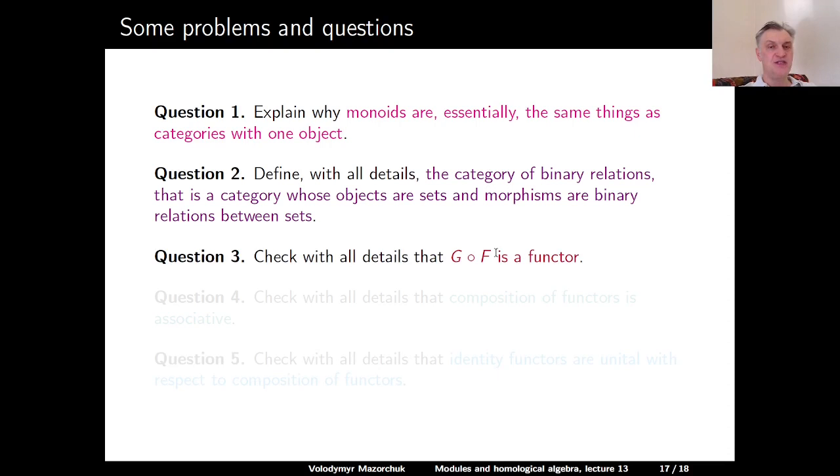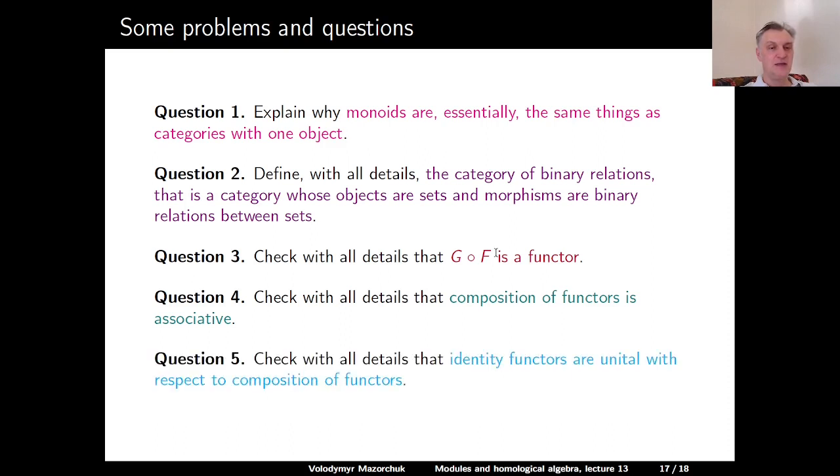Question 3. Check with all details that G composed with F is a functor, if G and F are functors. Question 4. Check with all details that composition of functors is associative. And question 5. Check with all details that identity functors are unital with respect to composition of functors.